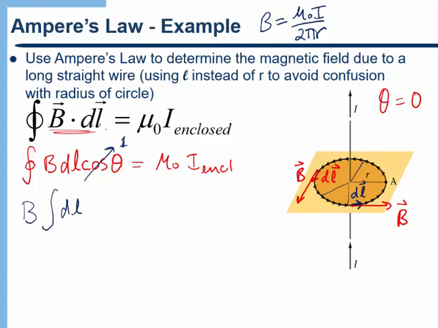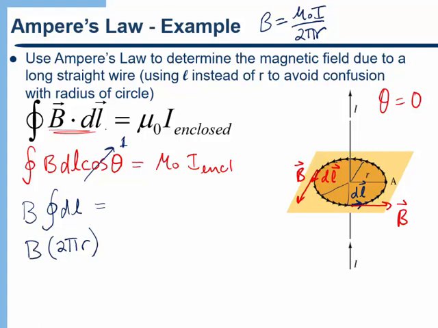So now I just have the integral of dl. Well, what is dl? It's just these little pieces, and I want to add them all up around that path. Well, it's just the length of the path. Well, that's just the circumference of that circle, 2 pi r. So I've got B times 2 pi r.